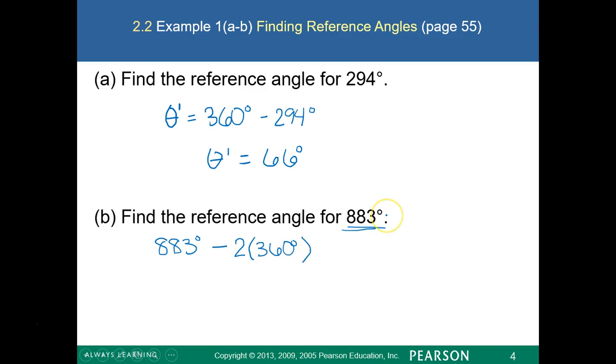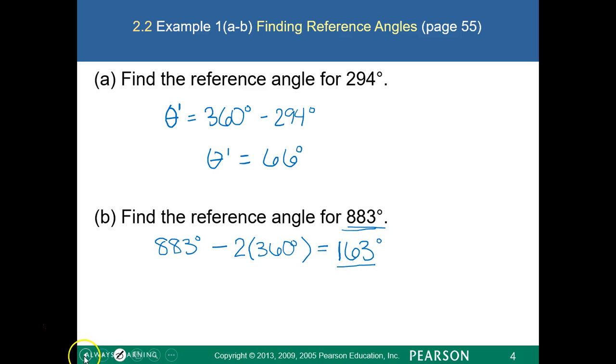Okay, 2 times 360 is 720. So take that, subtract it. We get 163 degrees. Well, that angle is coterminal to this 883, and it's between 0 and 360, so we can stop here. We don't need to subtract 360 anymore. Now, from this coterminal angle, we are going to find its reference angle.